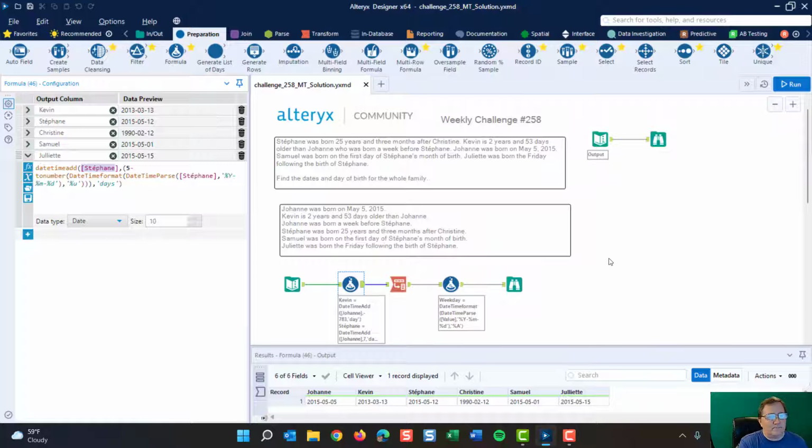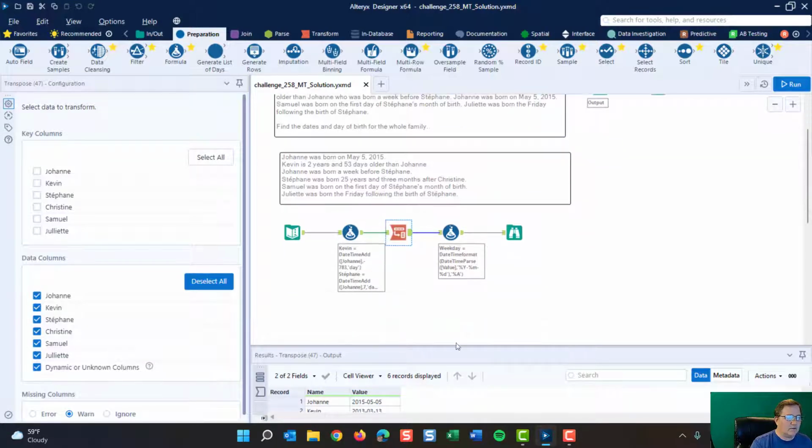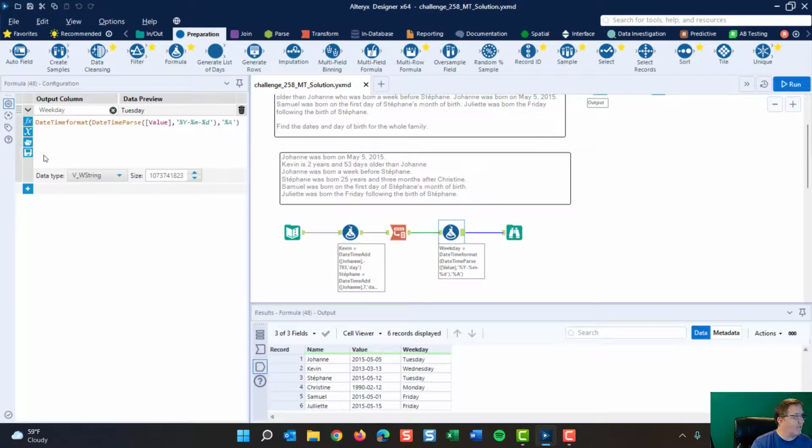All right, kind of tricky if you look at it. Next thing we do to finish this off is we just pivot it, and we turn this on its edge so that we've got them all listed out. And then finally, it wants us to say what is the day. So we have a date time format. We do a parse.